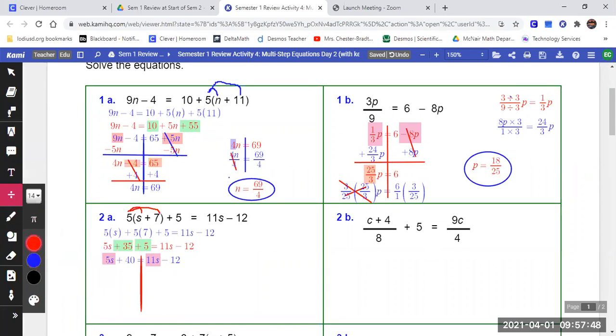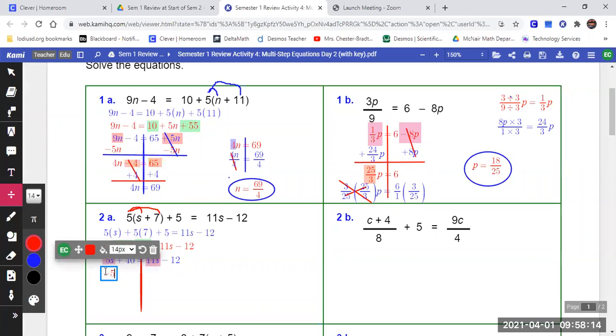So who are we going to be moving? The 5s. How are we going to move that 5s? What are we going to do to keep the balance? Subtract 5s from both sides, exactly.